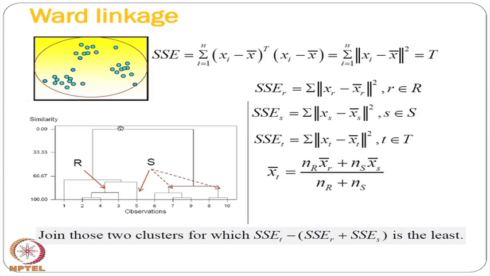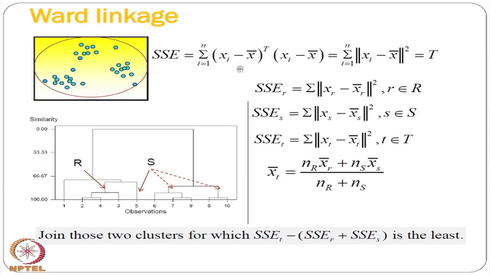Let us see Ward linkage. Ward linkage takes into consideration, as I told you in an earlier class, the covariance structure. If you see this formulation, what we are saying here is the SSE, sum of squared errors.